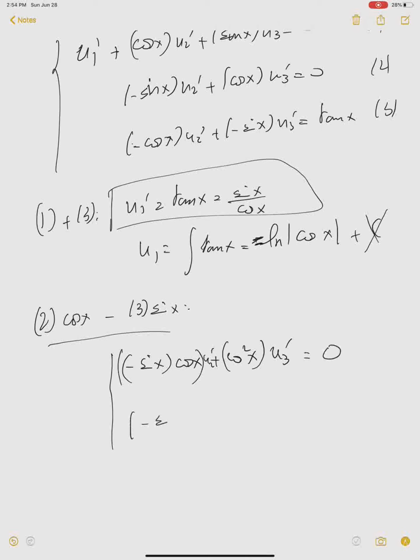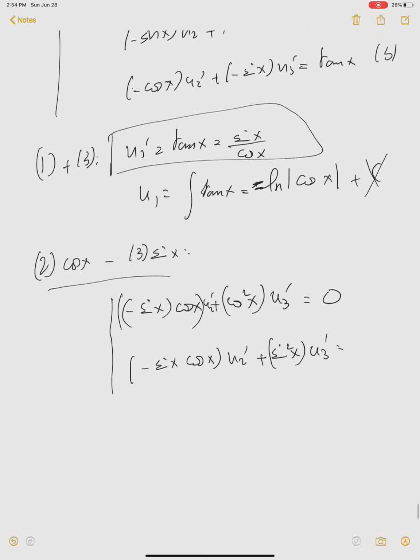And here minus sine x cosine x u2 prime plus sine square x u3 prime, I multiply by sine x, tangent x equal tangent x sine x, and then you subtract.